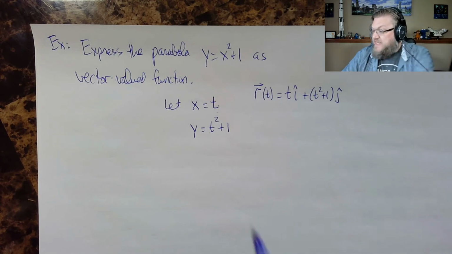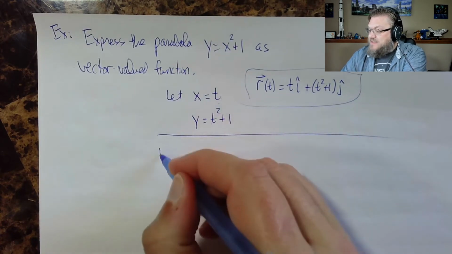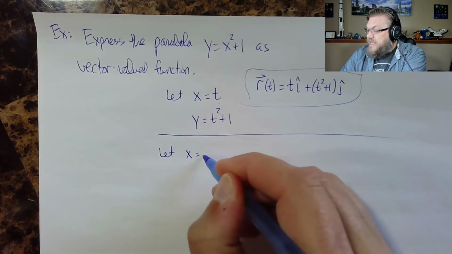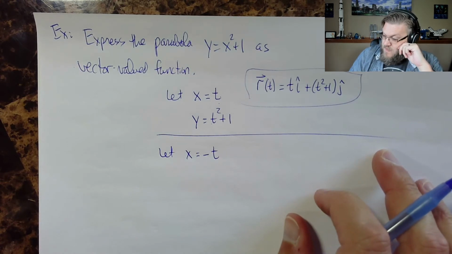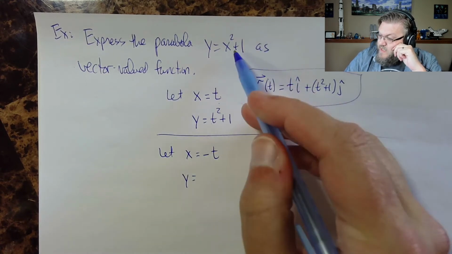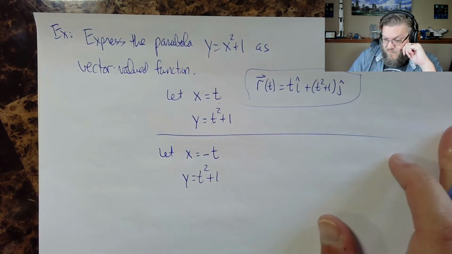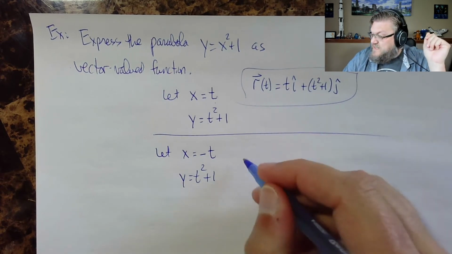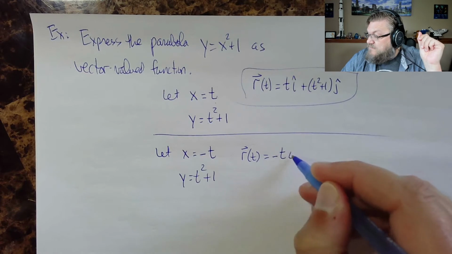Now, you could have made a different choice. This is one answer here. You could say let x equal negative t. In which case, then y would then be t squared plus 1 again. So this is another way of representing that curve.